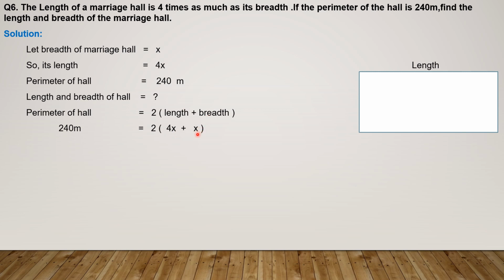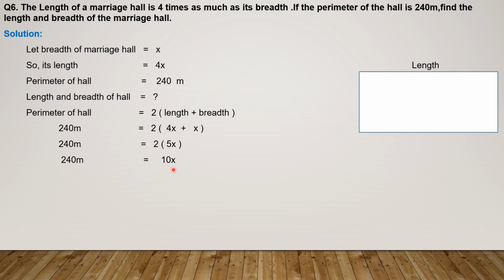Now students, solve this equation. To solve this equation, first we simplify the bracket. As these are like terms, both x's are here, so we can add them. 4x plus x, we will get 5x, and outside we have the 2. Now 2 is multiplied with 5x, and we will get 10x is equal to 240 meter.